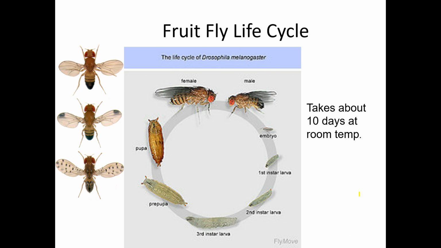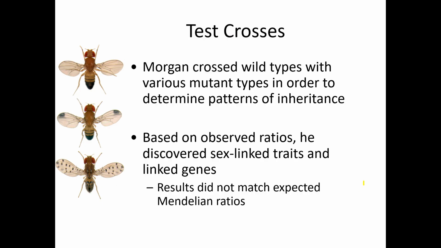You look at the outcome, and then you let the F1s mate, and they produce what we call the F2s, and you look at the traits there. And it's from those results, by looking at the numbers and the phenotypes that you get in the F1 and the F2, that you can then try to determine the inheritance of that mutant trait.